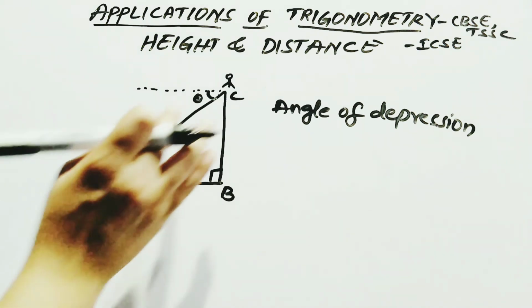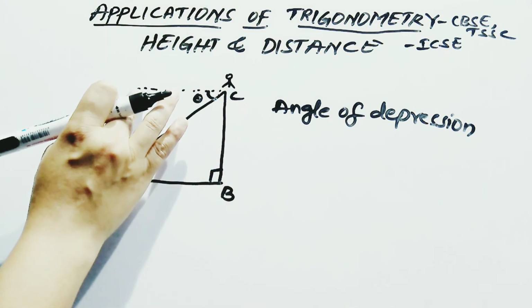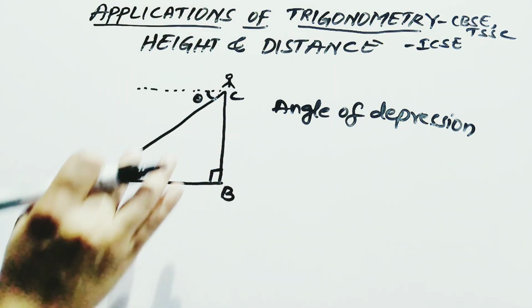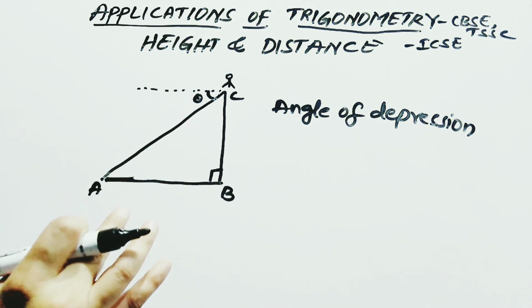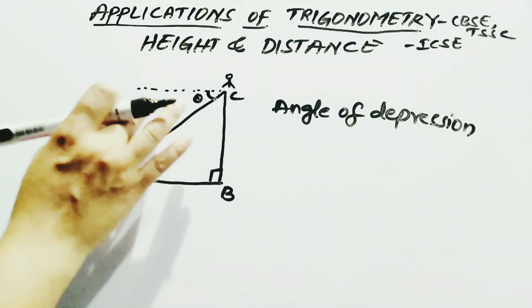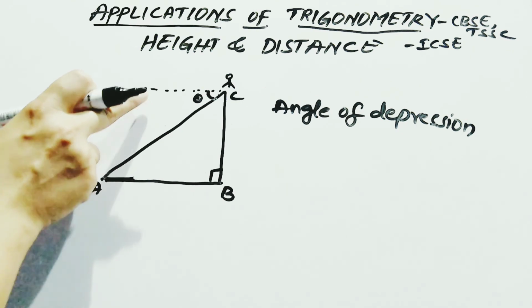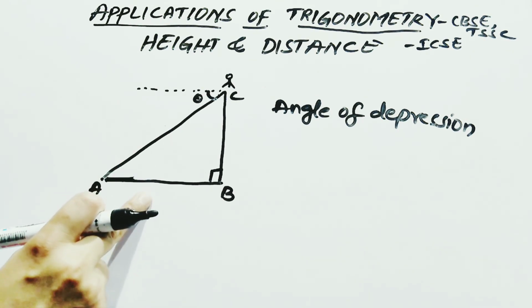And one more thing, this is called the horizontal line. Parallel lines will have the same height and same distance. If it is a horizontal line, this horizontal line length will also be the same.